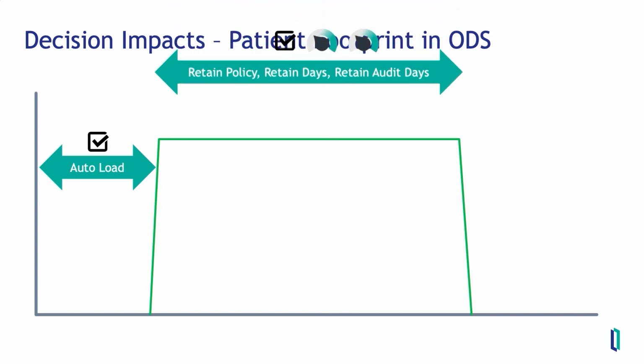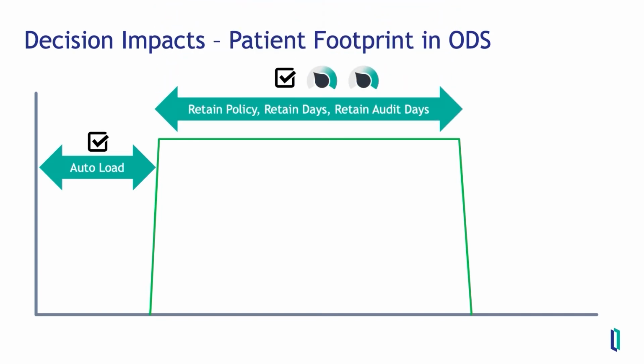How long you retain that data is going to be a combination of those other three settings: your retention policy, your retention days, and your audit retention days. And then the size of the data here is going to be a combination of which of the FHIR endpoints you have decided to support. Now you can imagine if you start stacking up, almost like a Monte Carlo simulation, right?